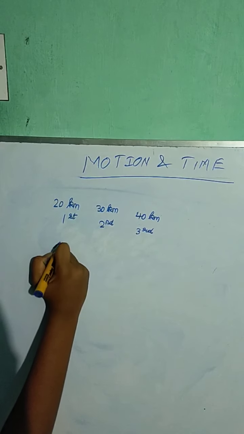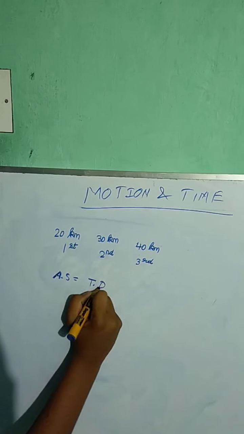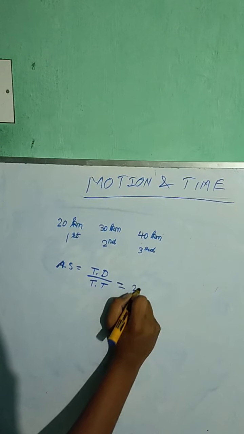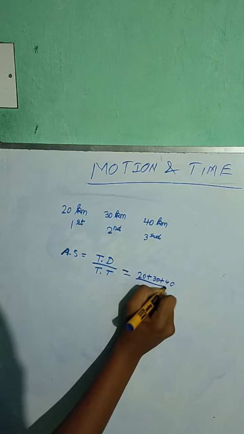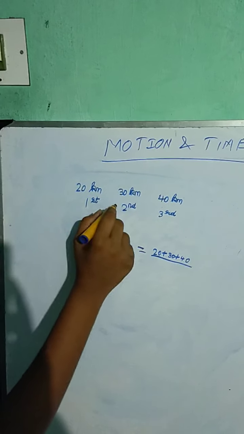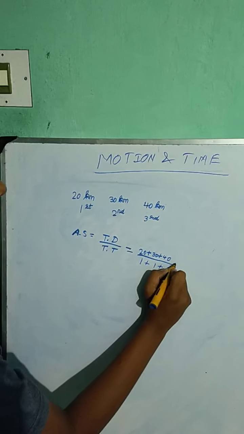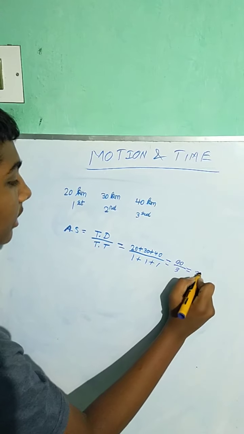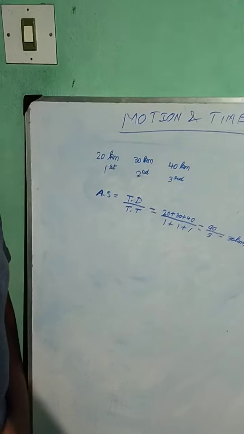So average speed is equal to total distance by total time, that is 20 plus 30 plus 40 divided by 1 plus 1 plus 1, because it traveled each distance in one hour. That is 90 by 3, which is equal to 30 kilometer per hour. This is an example of average speed.